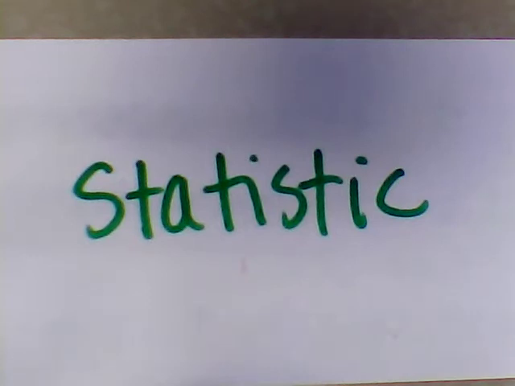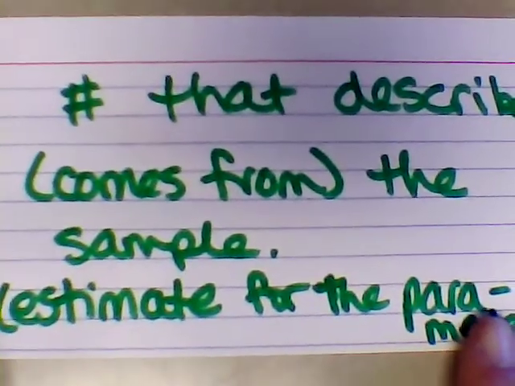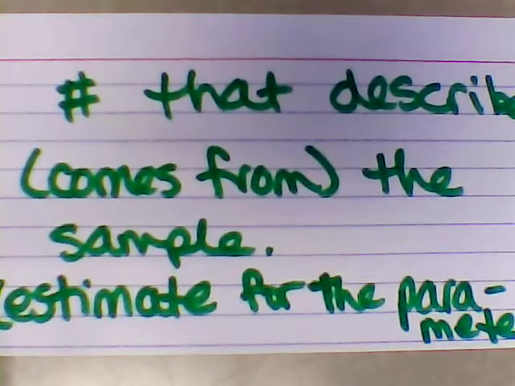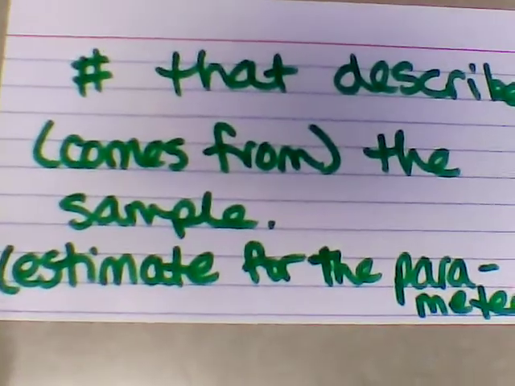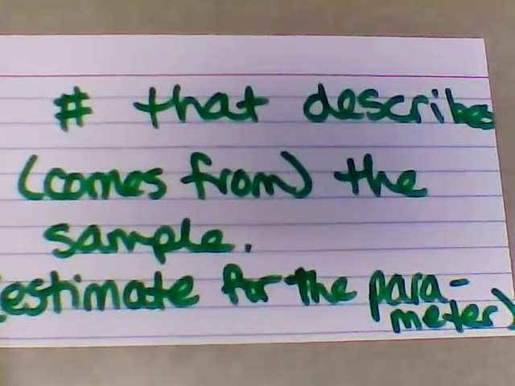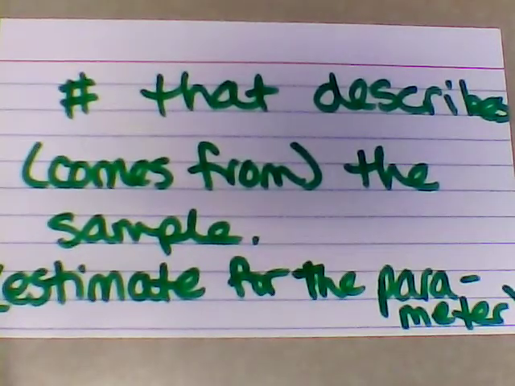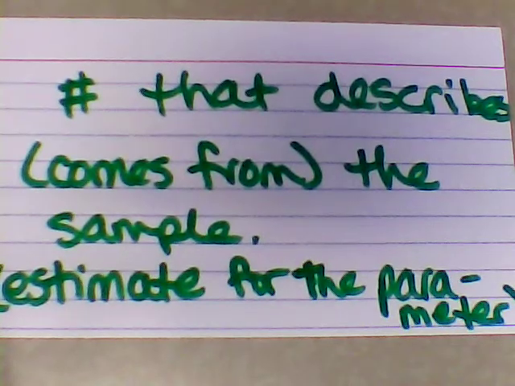Once you have a sample, from that sample, we'll compute a statistic. So it's the number that describes or comes from the sample. Hopefully, this will give us an estimate of our parameter. So we hope that our statistic is close to the parameter.